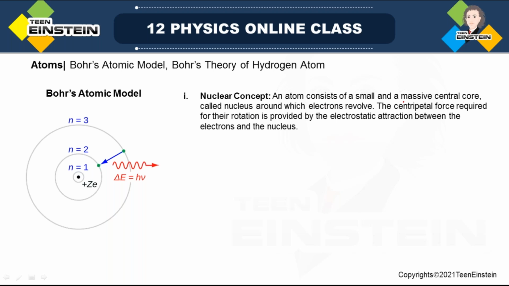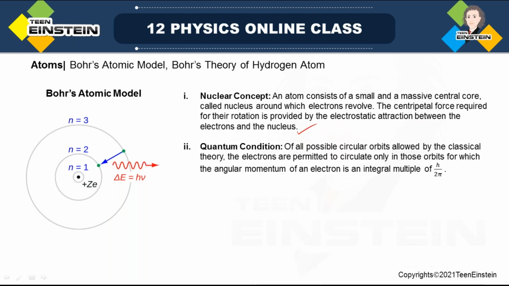First is the nuclear concept. An atom consists of a small and massive central core, as Rutherford's model stated, called the nucleus, around which electrons revolve. The centripetal force required for this rotation is provided by the electrostatic attraction between nucleus and electron. This we know from Rutherford's model.